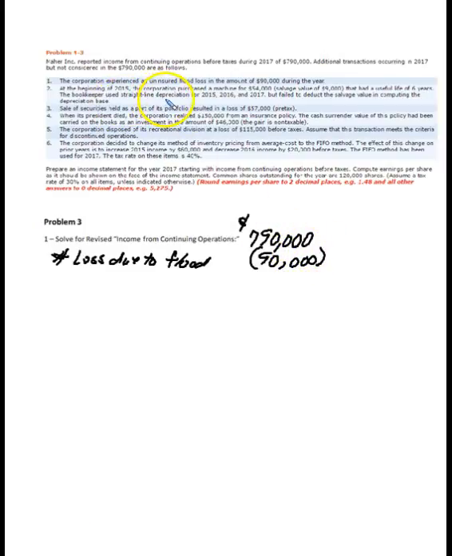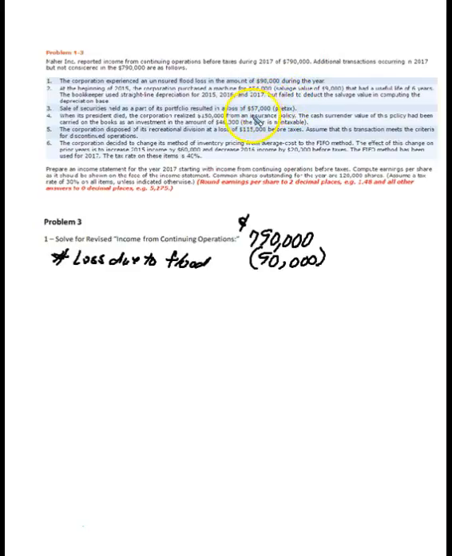Number 2, at the beginning of 2015, the company purchased a machine for $54,000, salvage of $9,000, useful life of 6 years. The bookkeeper used straight line depreciation for 2015, 16, and 17, but failed to deduct the salvage value in computing the depreciation base.